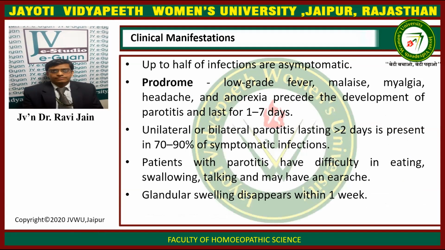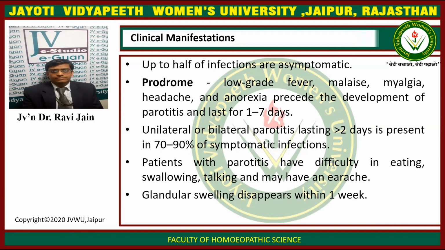In mumps, up to half of the infections are asymptomatic. So if the patient is suffering from mumps, in 50% of the cases the infections are asymptomatic. The prodrome consists of low-grade fever, malaise, myalgia, headache, and anorexia that precedes the development of parotitis and lasts for 1 to 7 days.